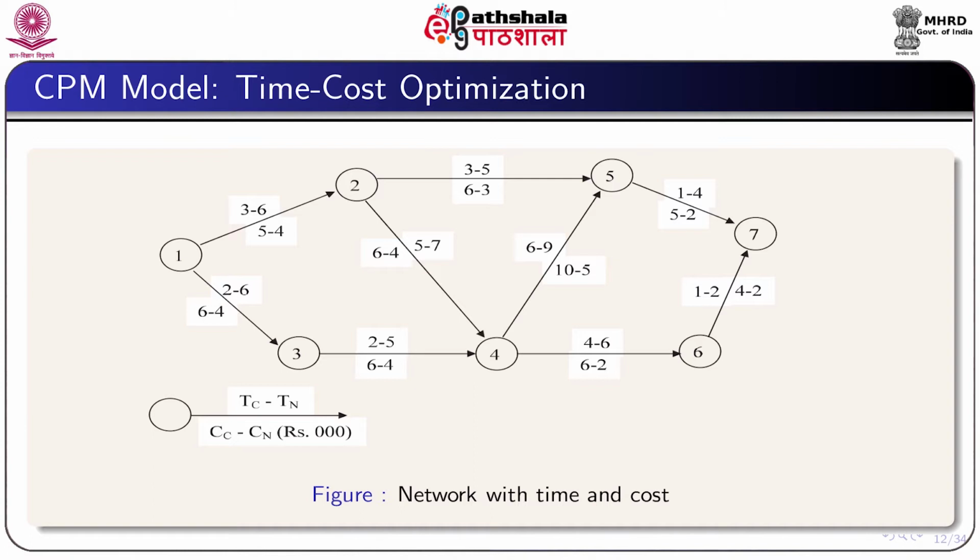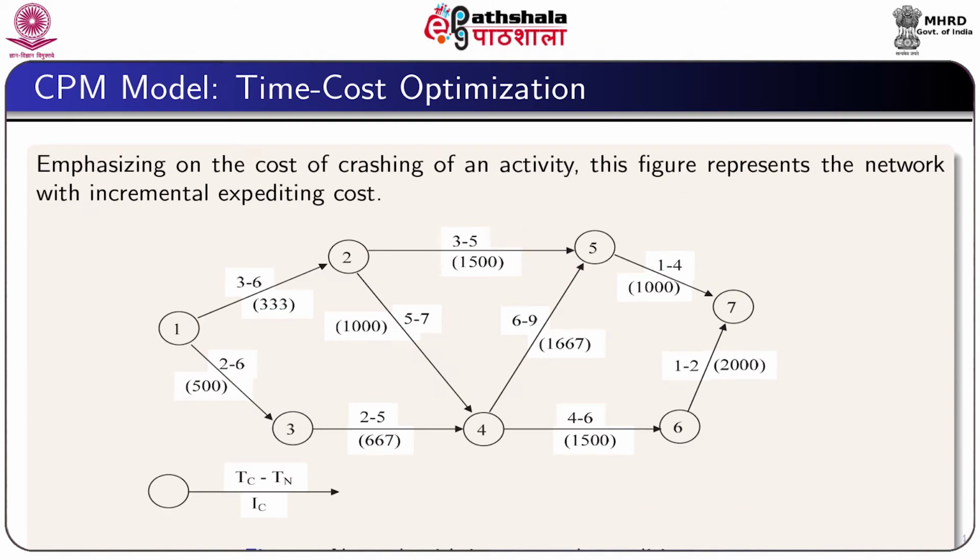So, for the activity 1-2, the crash time is 3 weeks and normal time is 6 weeks, and the lower figures 5, 4 indicate the crash cost and normal cost in thousand rupees.